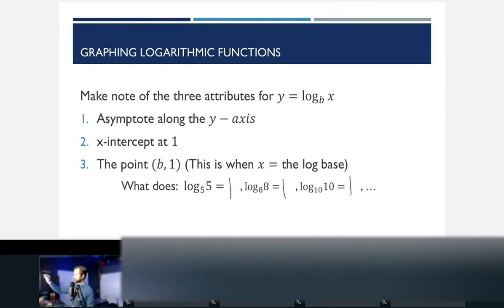But when I have, let's say, log base 2 of 8. Well, to make that true, it has to be 3. So log base 2 of 8 actually equals 3. If you were to type this in your calculator, log base 2 of 8, hit enter, it would give you 3 as the answer. And that's because 2 to the third power equals 8. And again, we're going to talk about more of that later this week, okay?